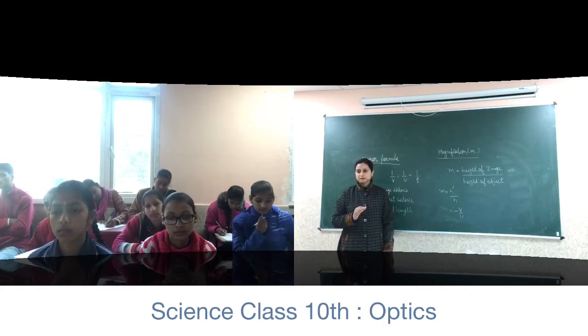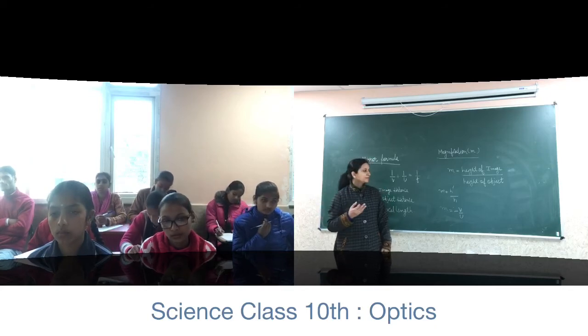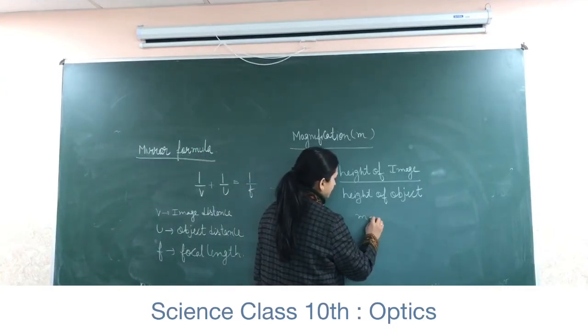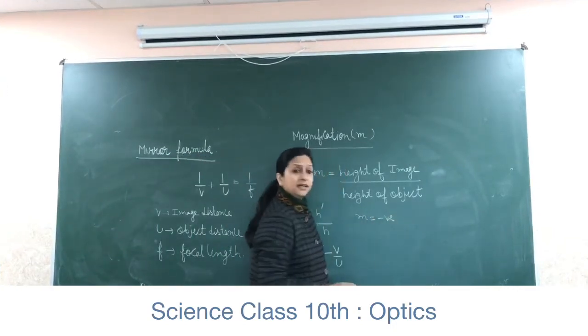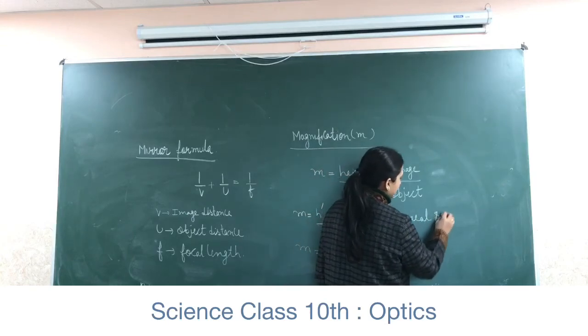How do we know what kind of image we have got, whether it is magnified, whether it is diminished or not, right? Now, if the magnification comes out to be negative, it represents that the image is real and inverted.